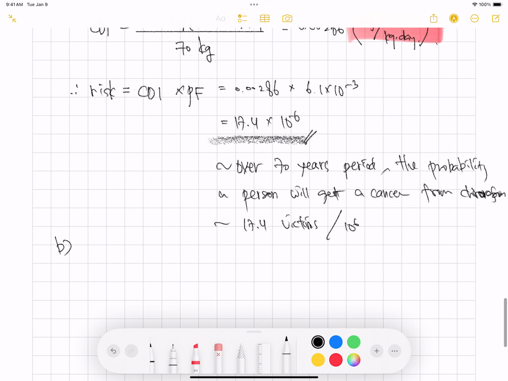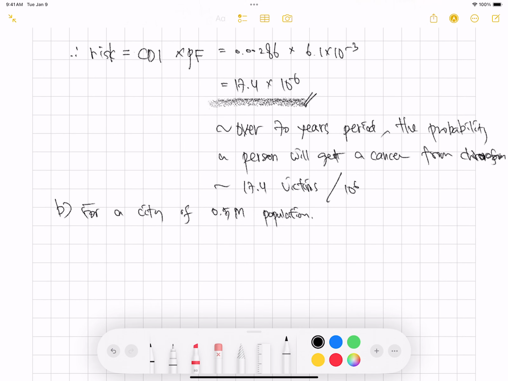So number 2, for a city of half a million population, the number of people that will get cancer from this chloroform exposure can be calculated by 17.4 times 10 to the negative 6 times 0.5 times 10 to the 6, half a million.